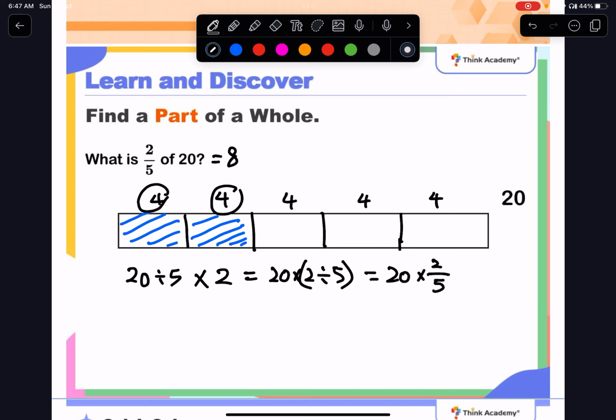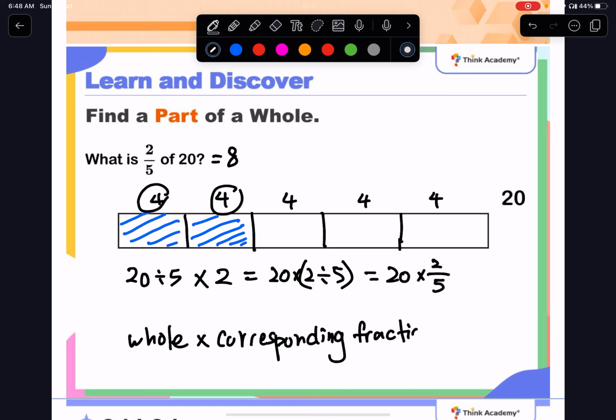So whenever you want to find a part from a whole, you can use the whole to multiply the corresponding fraction, okay, the corresponding fraction. Then you will find out the part. Get it? So just 20 times 2 out of 5 equals 8.